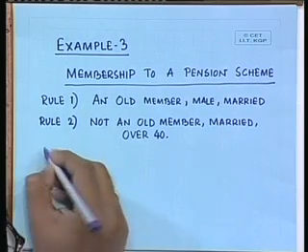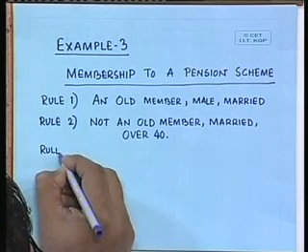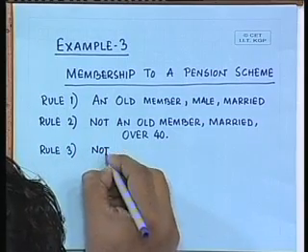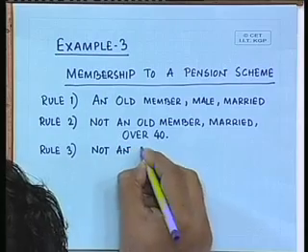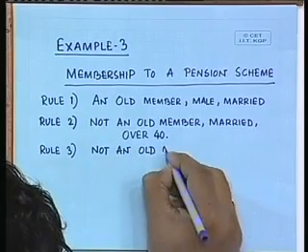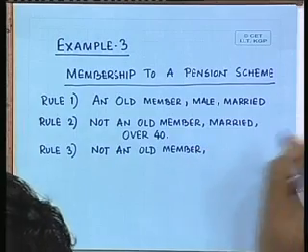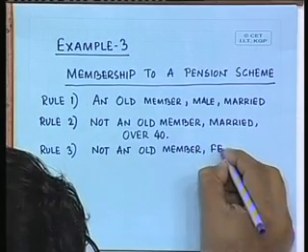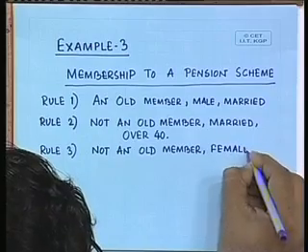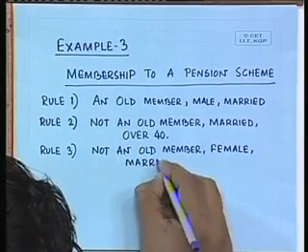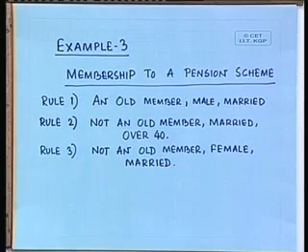So that was the third rule: not an old member, female and married.